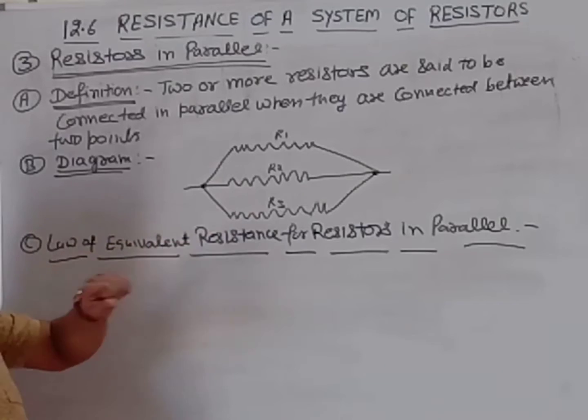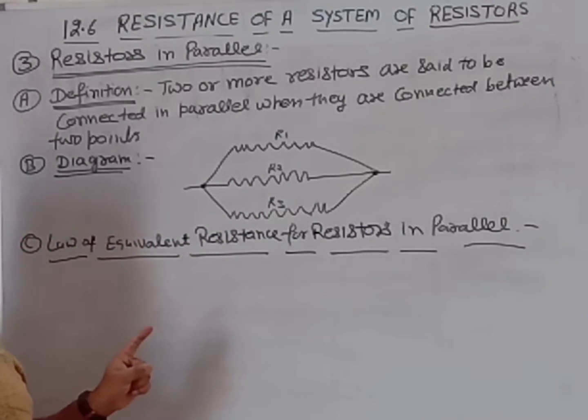When resistors are connected in parallel, how shall we find the total, combined or equivalent resistance?